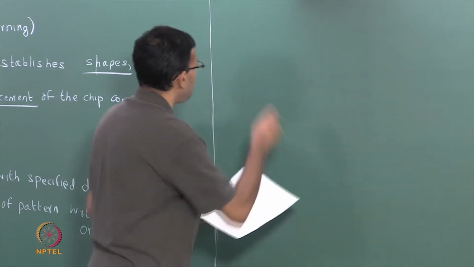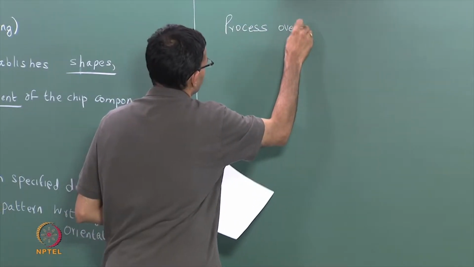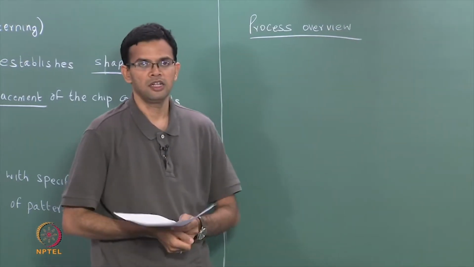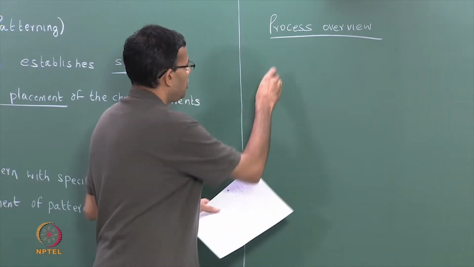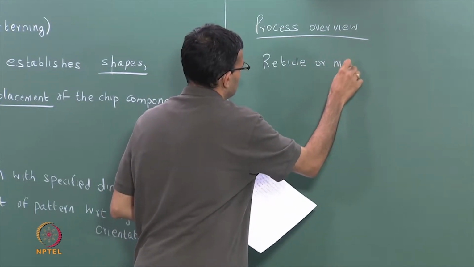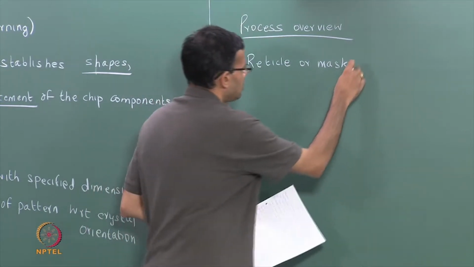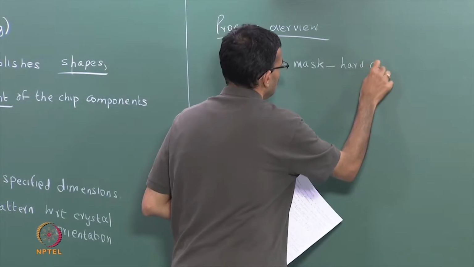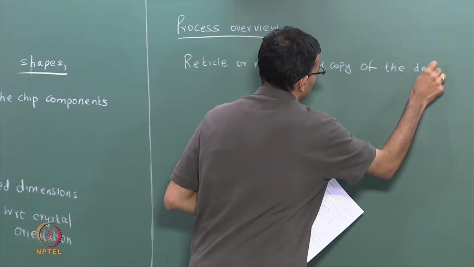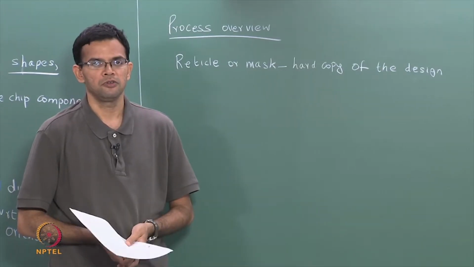So let us look at a brief overview of the lithography process. The first thing that you need for lithography is something called a reticle or a mask. We will see later how a reticle or a mask is made, but this contains the hard copy of the design. This is the copy that has to be transferred to the wafer.